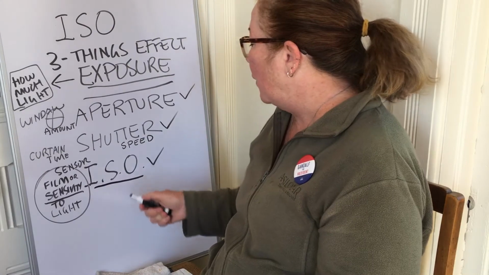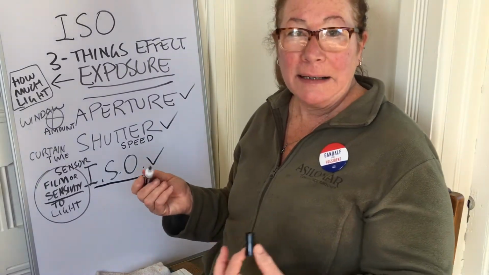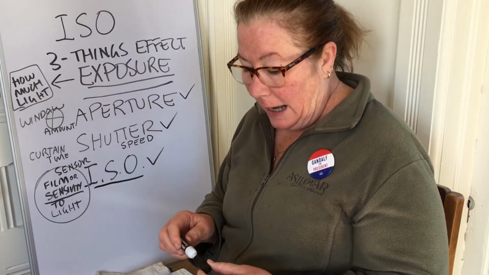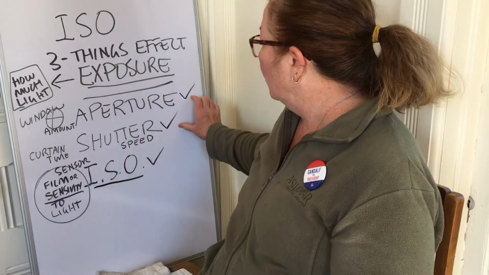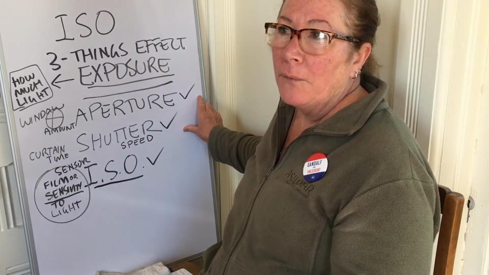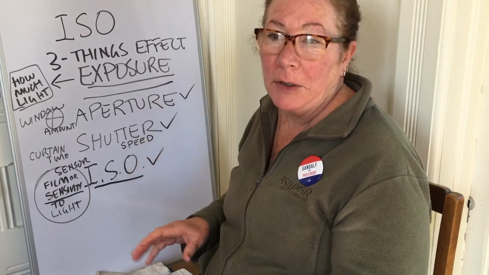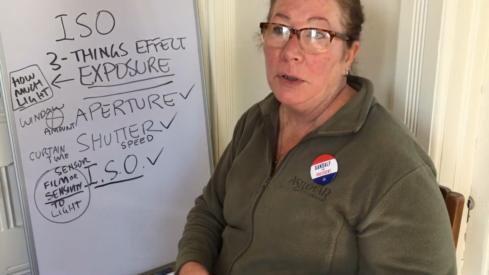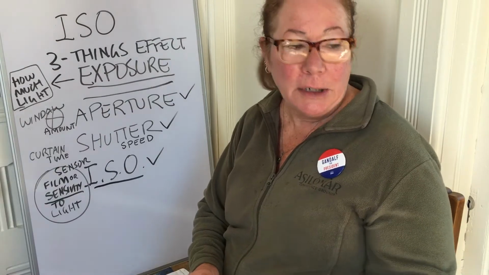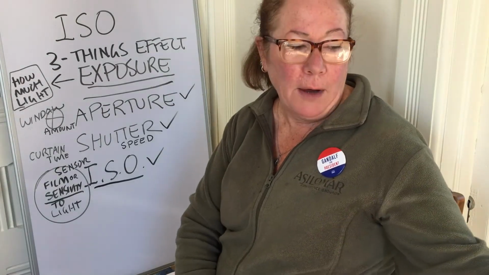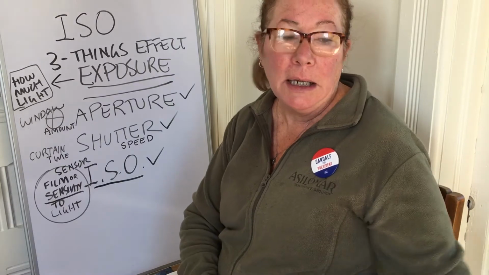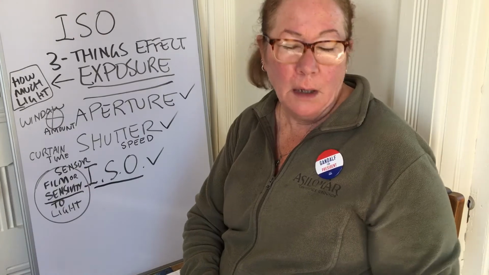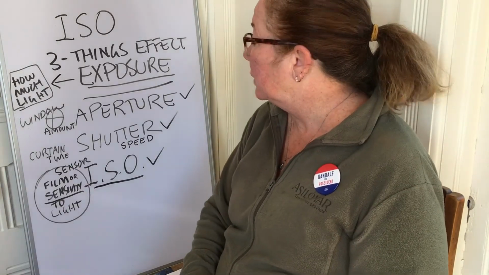And then finally, we have the ISO, which basically describes how sensitive your film or your sensor is to light. This can help you when you're trying to adjust for more extreme conditions, especially if you're using a digital camera. Back in the old days, if you wanted to photograph in a different condition, you would need to change your film.